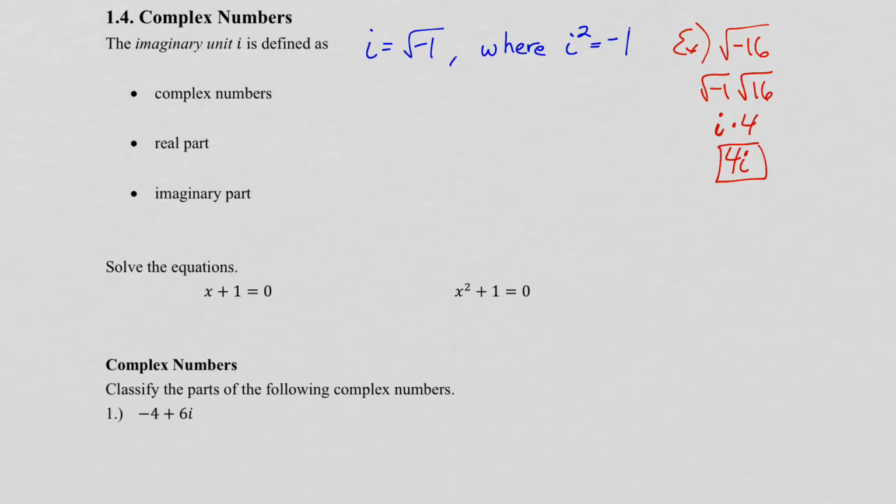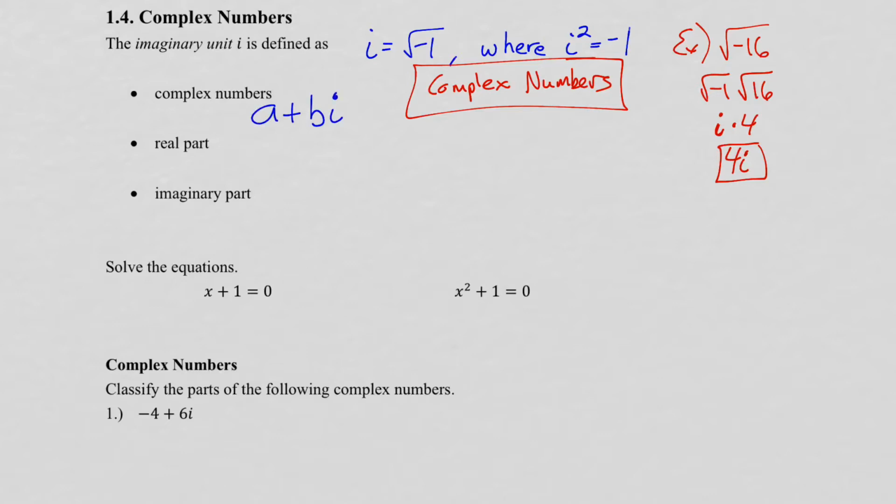Again, complex numbers. Basically, complex numbers look like this: a plus bi, where the real part is the regular looking number.